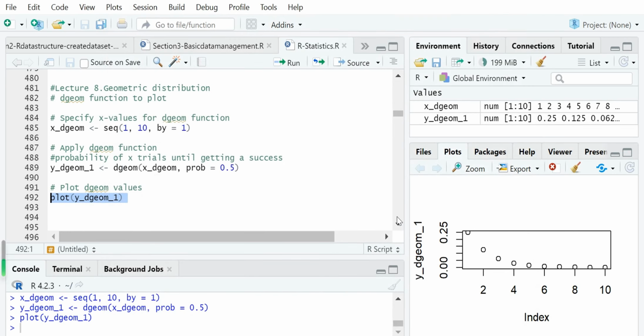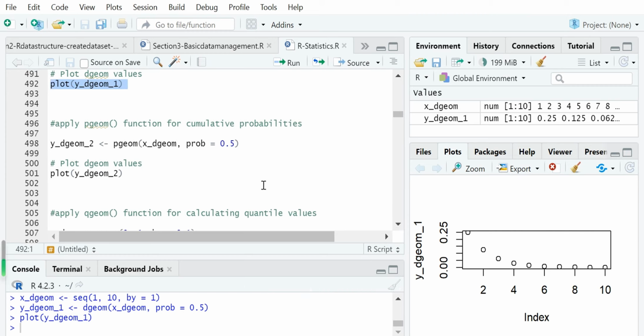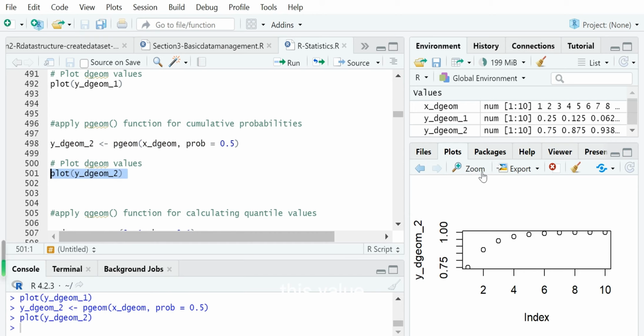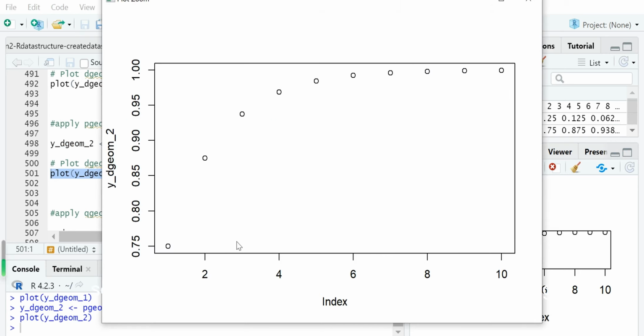So this is for the probability. Next we will calculate the cumulative probability. We use pgeom on this vector x with the same success rate, then plot the values. The cumulative probability, of course, is a non-decreasing function of the random variable. For example, at 6 here, the value is very close to 1, about 0.98.